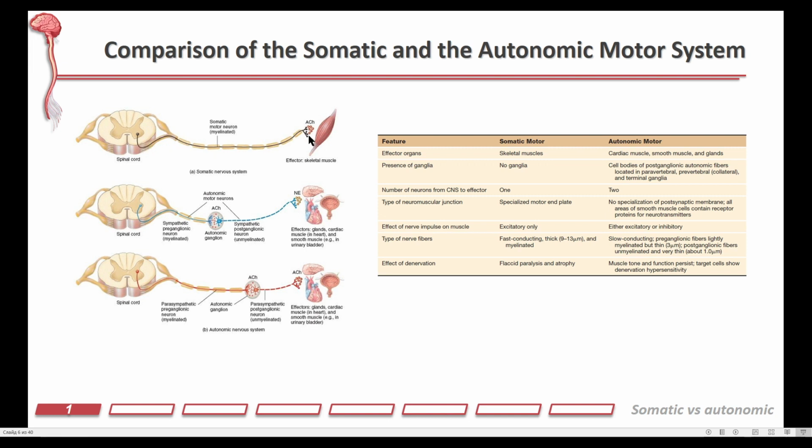Then there is no neuron outside the spinal cord, while for the ANS you do have one at the ganglia. So these are at least a few differences, and you also have a small summary in this table which describes the differences between somatic motor and autonomic motor branches of the reflex arc.